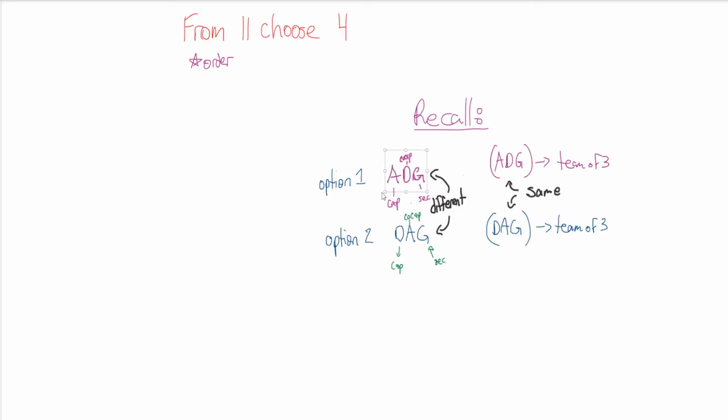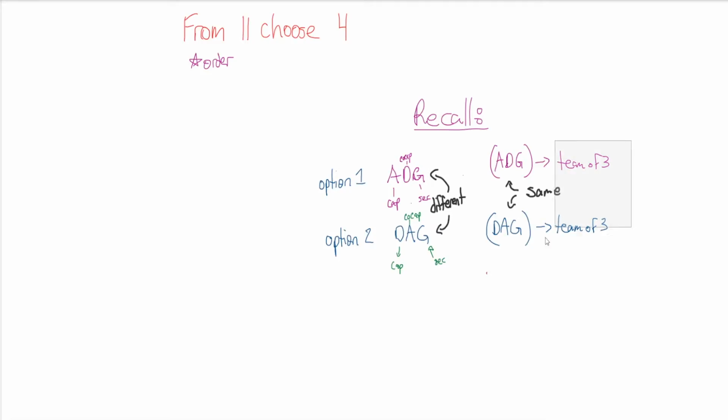So they put forward A, D, and G. And remember, we said that the first name that they give me is the captain, the second name is the co-captain, the third name is the secretary. Right? So when they give me ADG versus when they give me DAG, they've named different people as the captain and different people as the co-captain, right? Yeah, the secretary is the same, but these are different. So that's what I mean to say when I highlight different here, right? Okay, so those are different options.